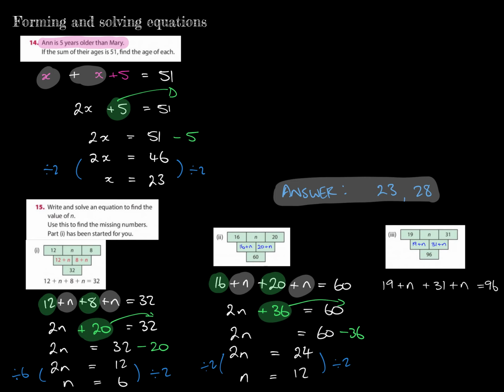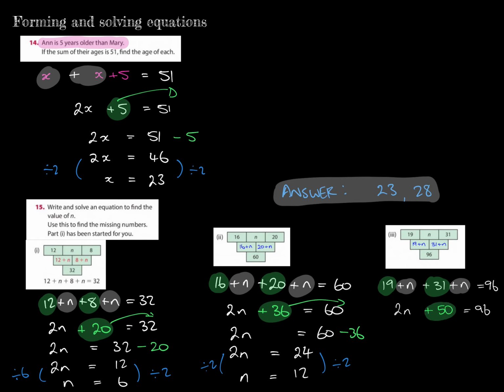We're going to collect our like terms again. So the n's go together, and we'll have 2n. The numbers go together. If I have 19 and I add 31, that'll give me 50. So plus 50 will be equal to 96. I need to tidy that up and get all my numbers by themselves and all my letters by themselves.